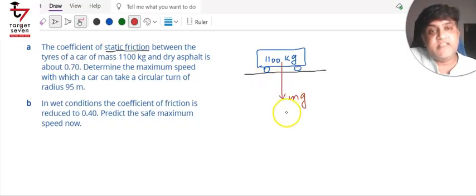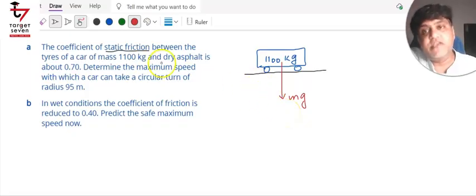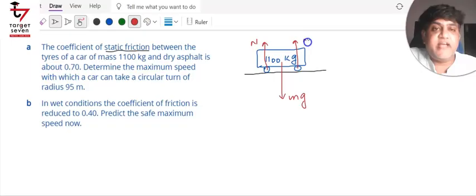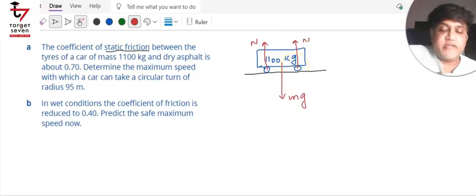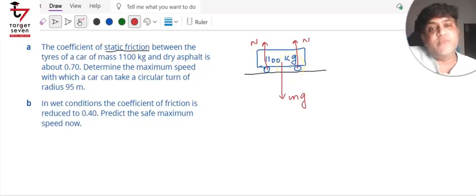So if this is the mg, that is the gravitational force, there is going to be a normal reaction as well. Now, I am going to show the normal reaction acting at two different points in this diagram. And the reason here is pretty simple. Normal reaction is that force which exists between the body wherever it is in contact with the surface.